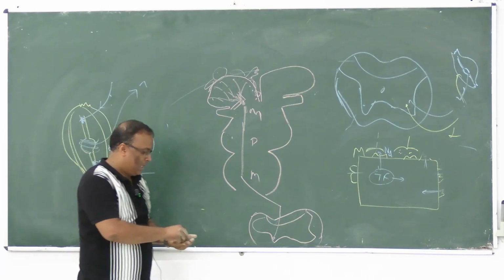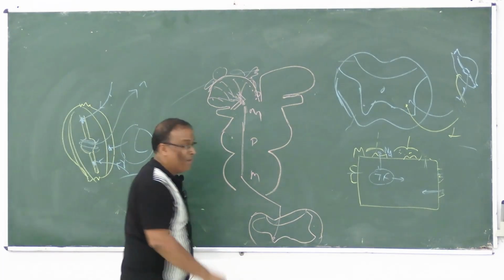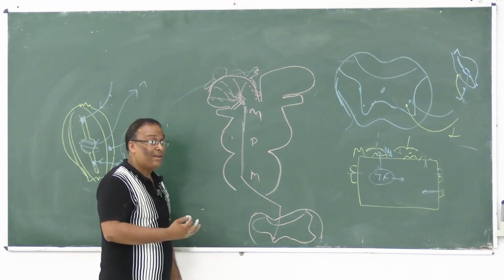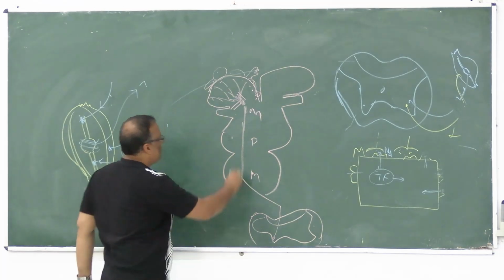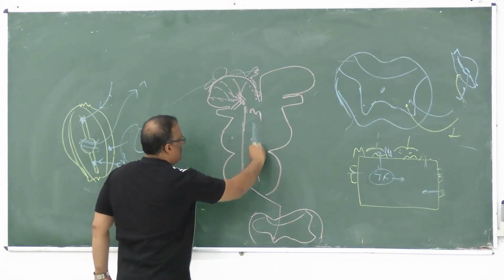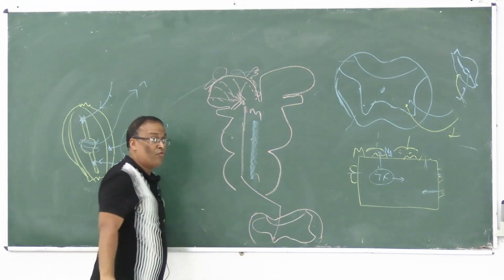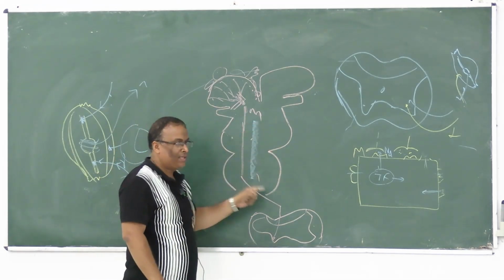Now in case of your medullary reticular nuclei, midbrain, pons, medulla, right? So in these cases, this is your pontine and medullary reticular formation.